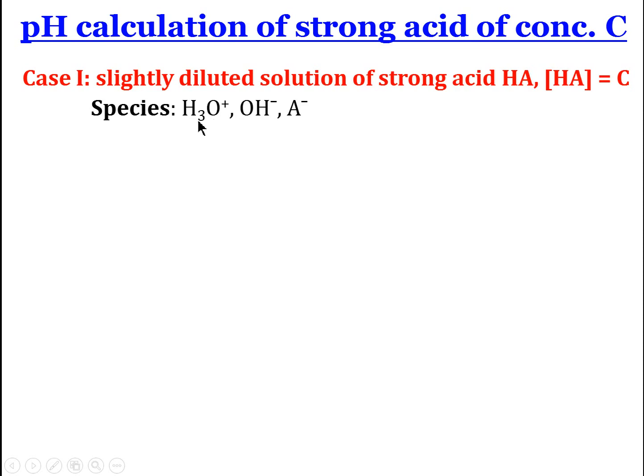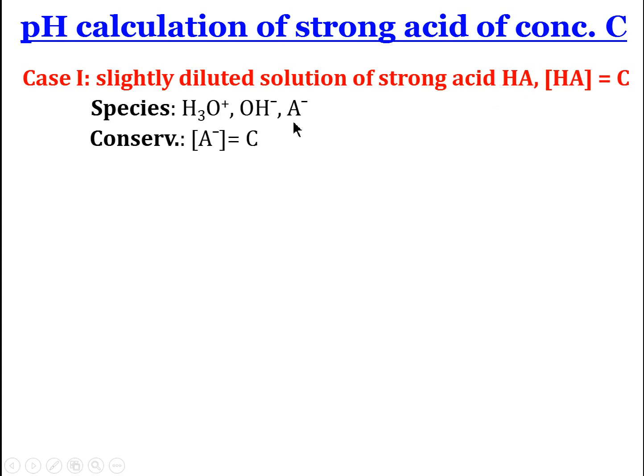The presence of H3O+ indicates the presence of OH minus. Step 2, the conservation of species. HA dissociates completely to H3O+ and A minus. H3O+ has two sources in the solution: the H3O+ from HA and the H3O+ from the auto-ionization of water.